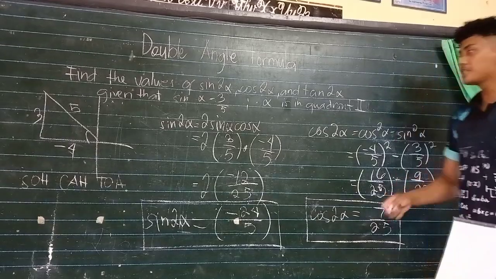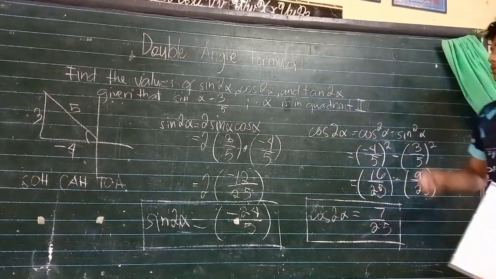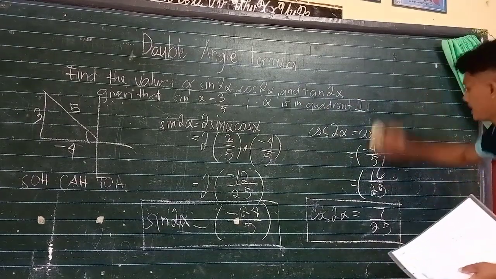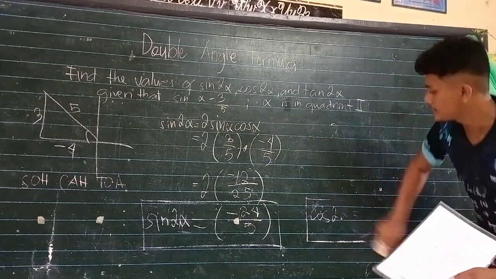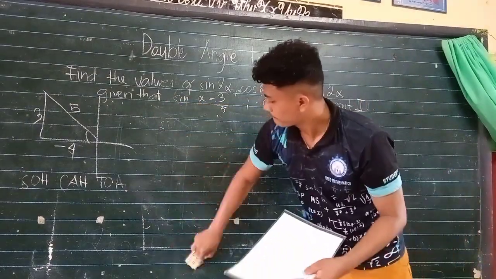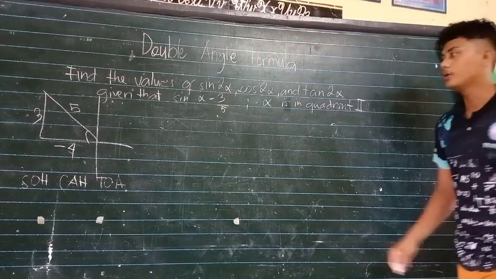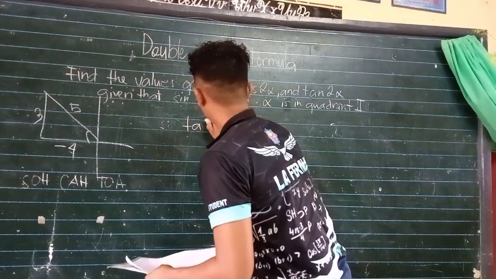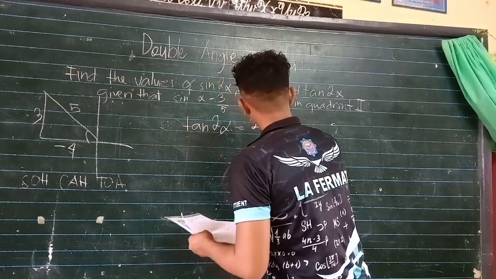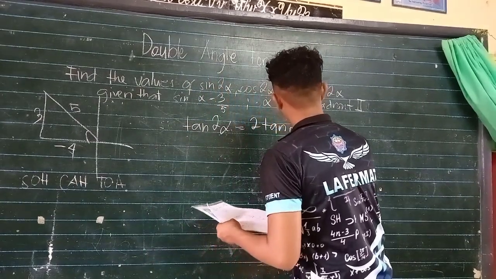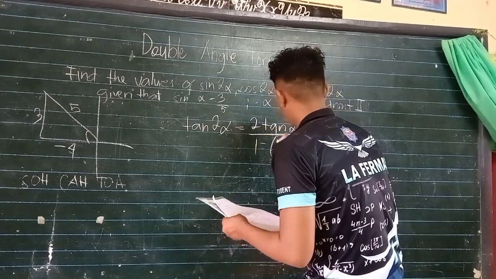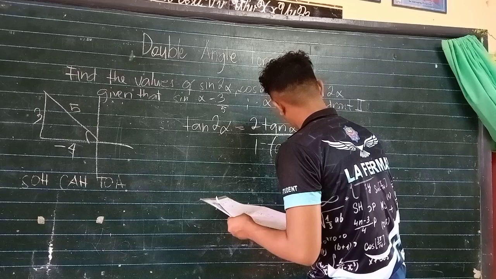Now, let's proceed to tangent 2 alpha. Wait a second, I can erase this. Tangent 2 alpha is equal to 2 tangent alpha over 1 minus tangent squared alpha.